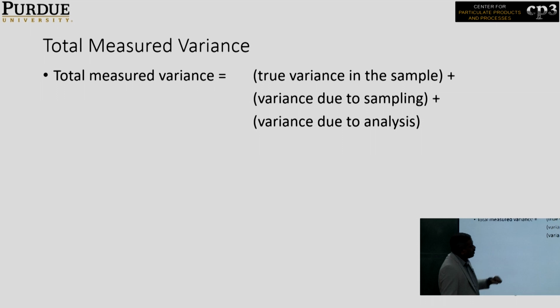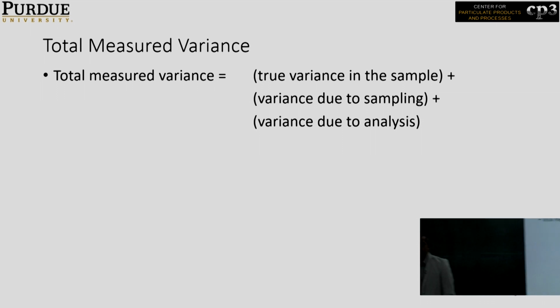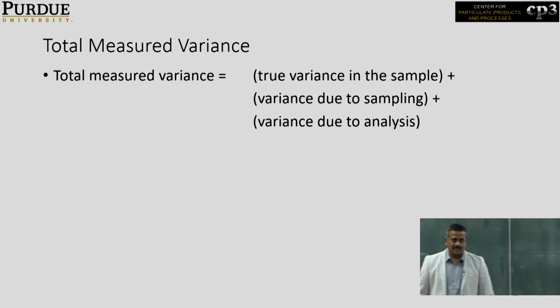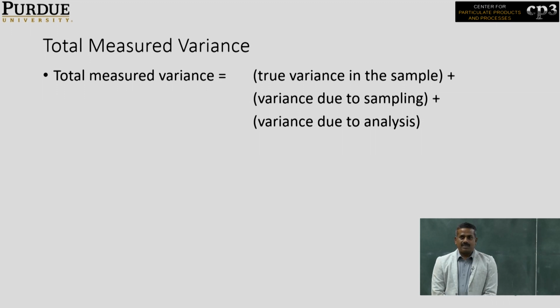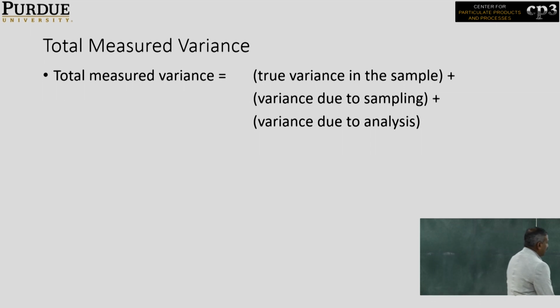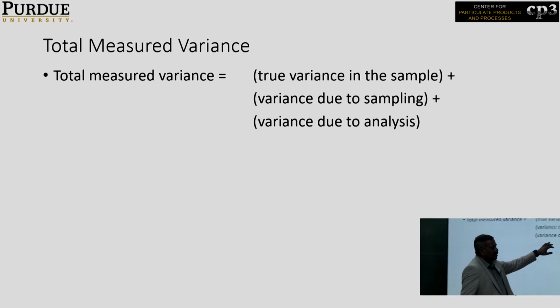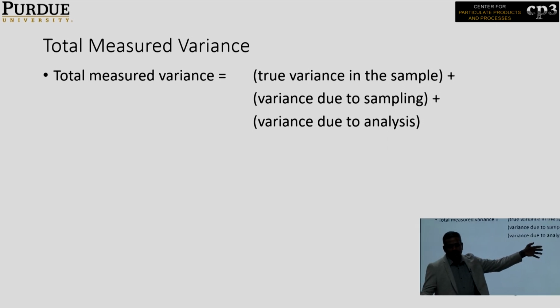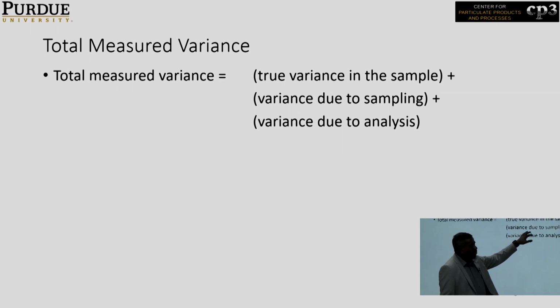So which is the easiest bias that we can avoid? Sampling and the analysis. Analysis is highly dependent on the instrument, it's not your issue, right? It's an instrument problem. You can calibrate the errors most often, but still, you may not know.